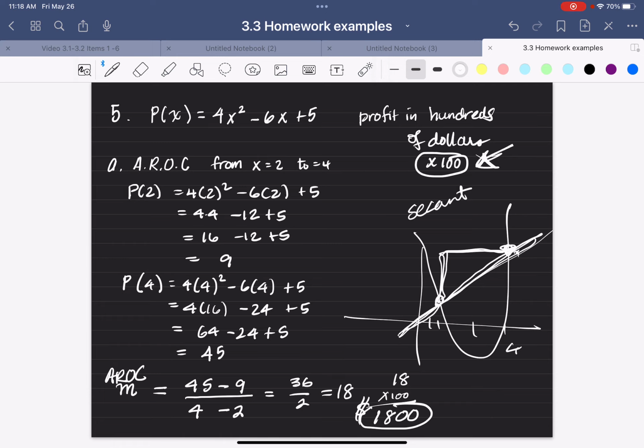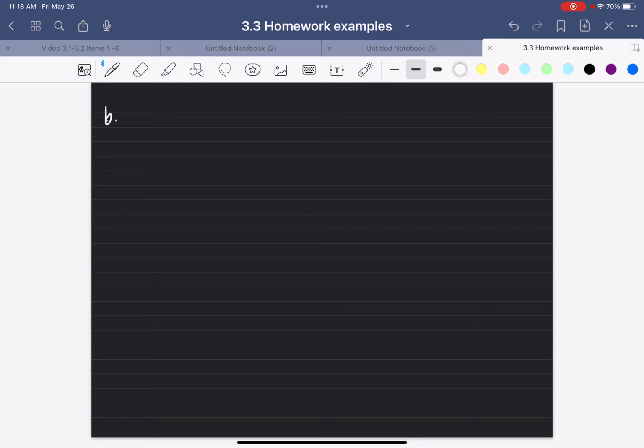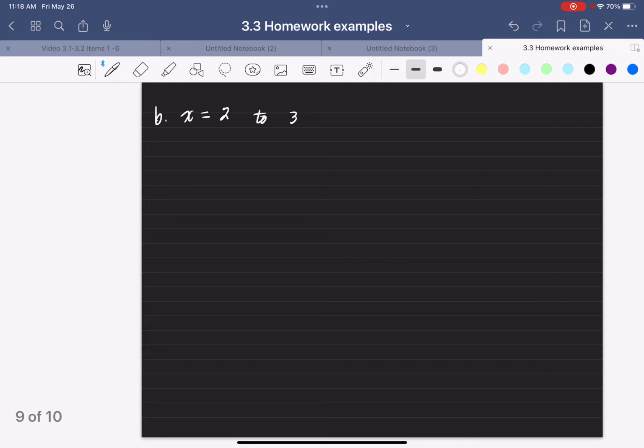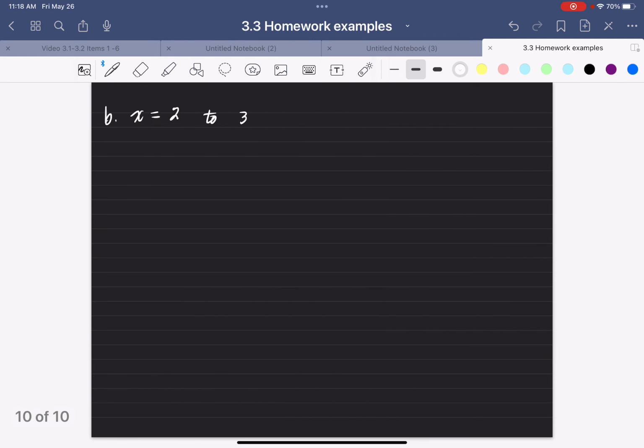Now in part B, they ask for a similar thing. They want to go from x equals 2 to 3. Now we already know what happens at 2. The profit at 2 is 9. So let's go ahead and write that. P of 2 is 9. But we need to find P of 3. Our profit function was 4x squared minus 6x plus 5.